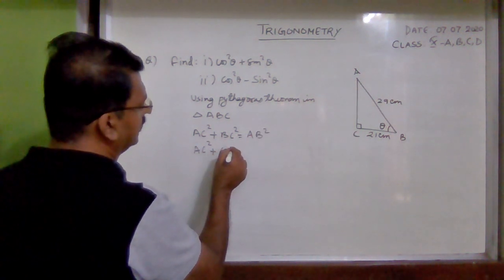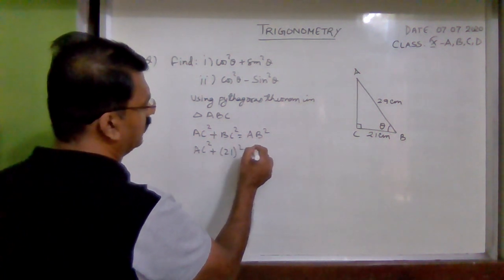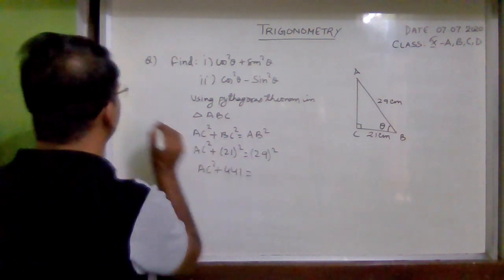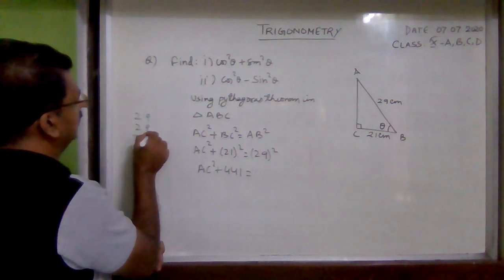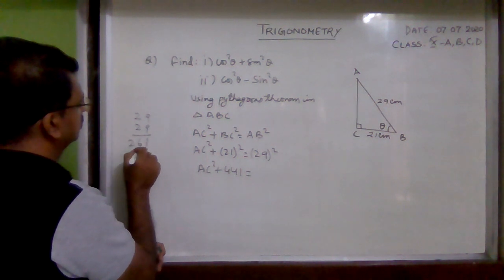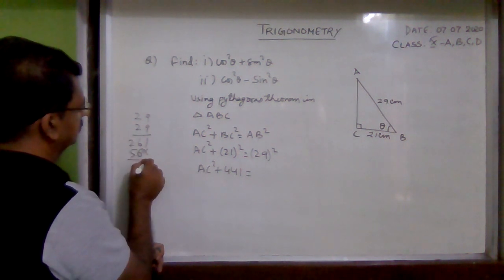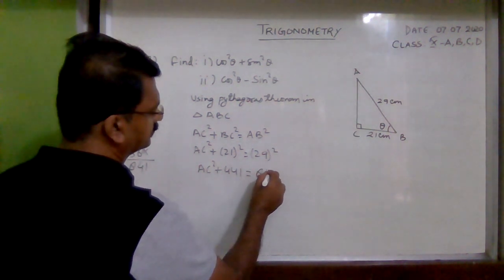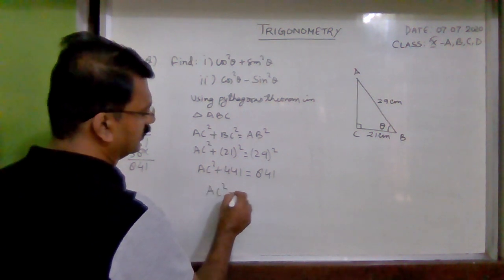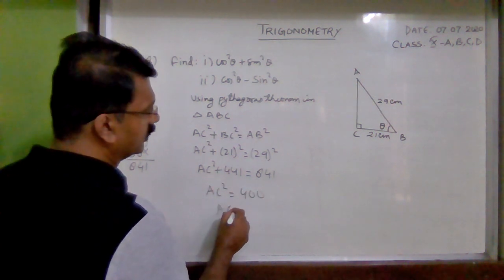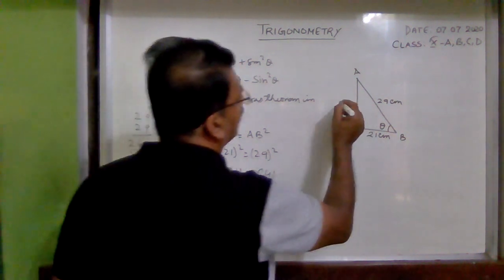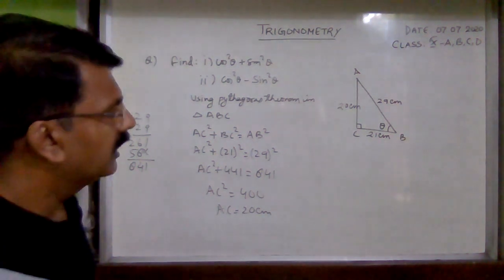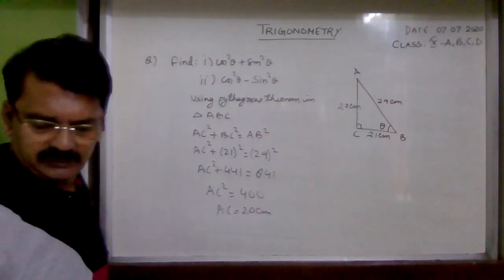AC square plus 21 square is equal to 29 square. AC square plus 441 is equal to 29 into 29, 841. So AC square is equal to 400. AC is equal to 20 centimeters. So we have found that AC is 20 centimeters.